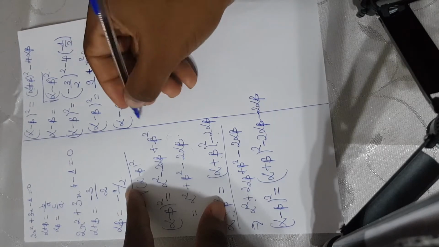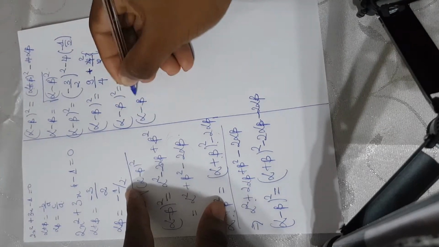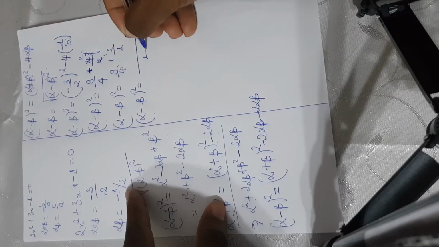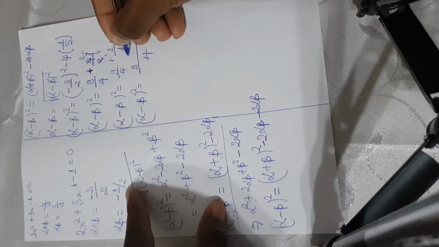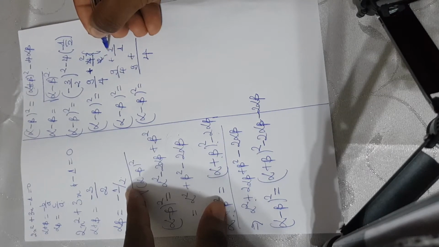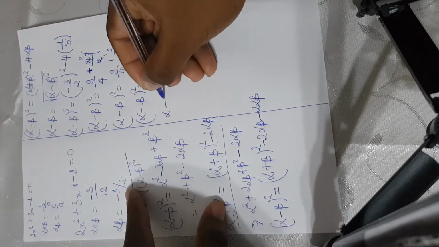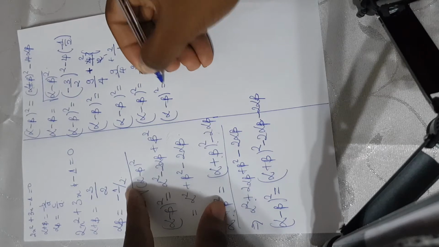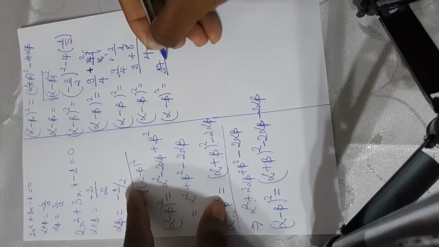Now we find the lowest common multiple, which is 4. This is 9 plus 4 times 2, which gives 8. So alpha minus beta all squared is equal to 17 all over 4.